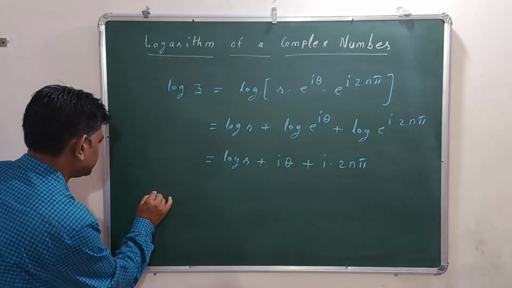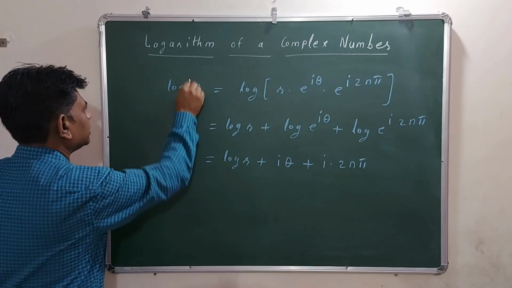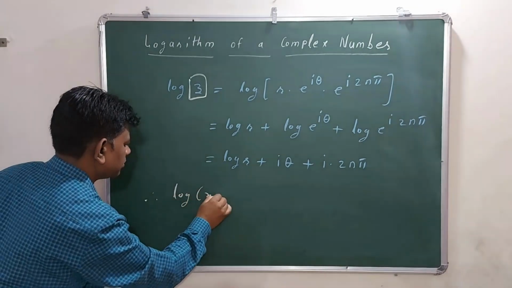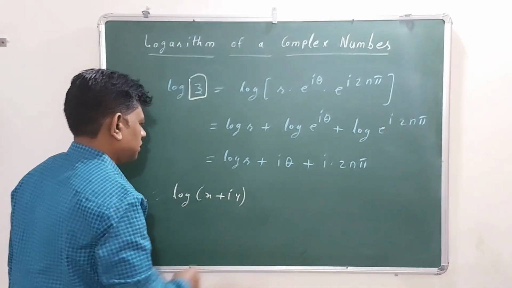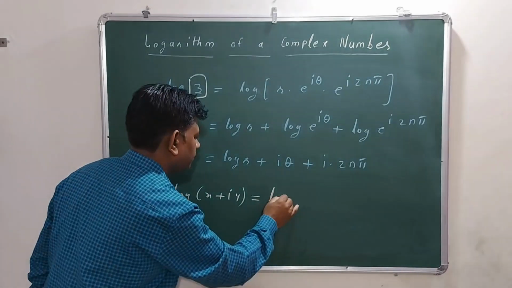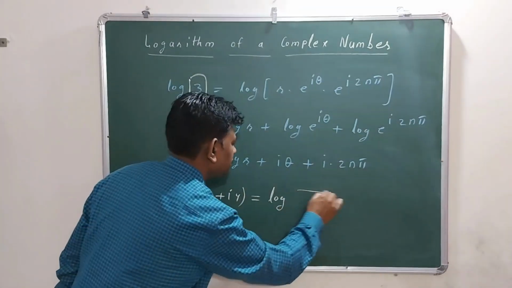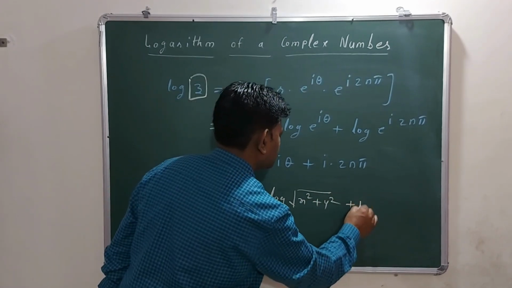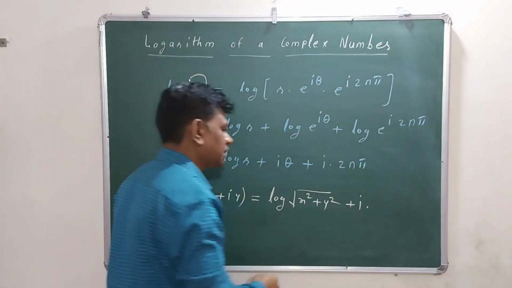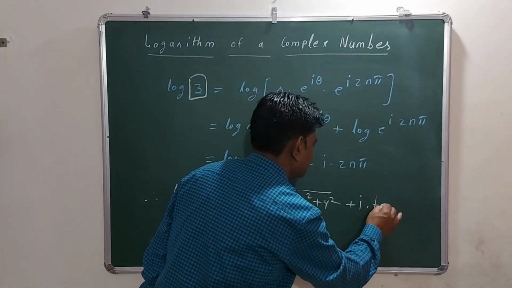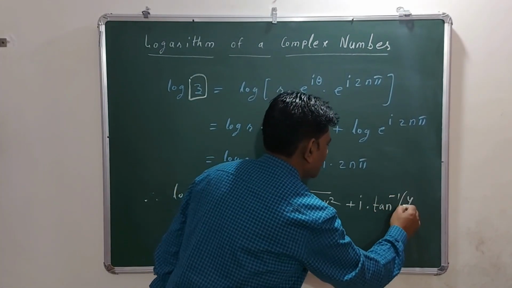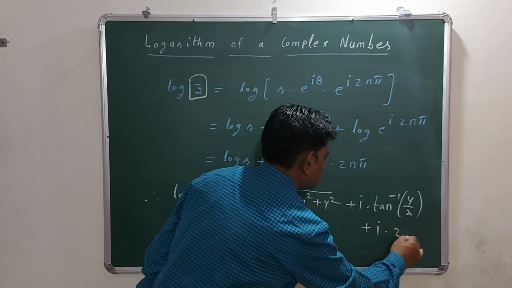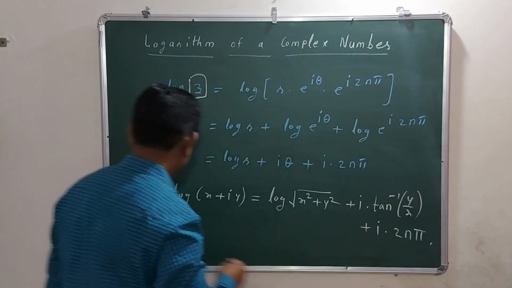Therefore, this log z, where z is x plus iy, is equal to log of r, where r is root x square plus y square, plus i times theta, where theta is the argument of z, that means tan inverse y by x, plus i times 2n pi.